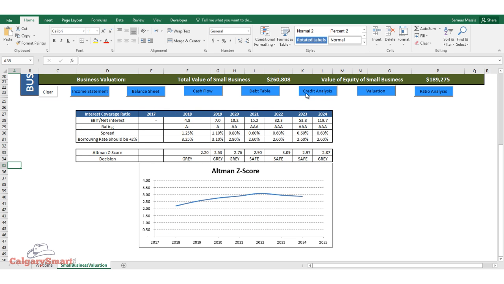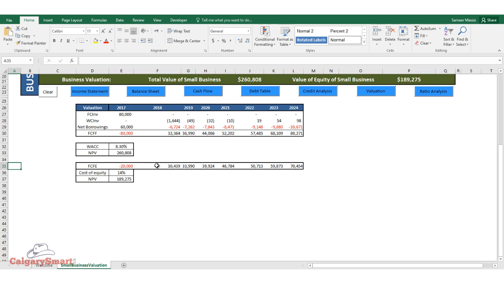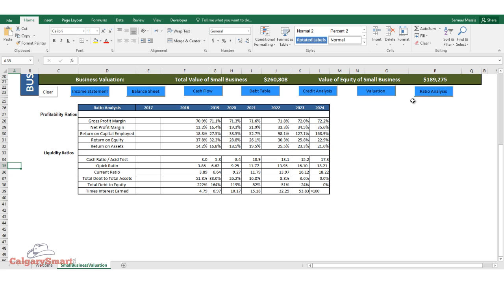Now, the credit analysis of the business uses the Altman Z-score, which gives the level of confidence of financial stability of the business. The valuation projection would give you the free cash flow to the firm as well as the free cash flow to the equity part. And the ratio analysis gives other profitability and liquidity ratios that you may need.